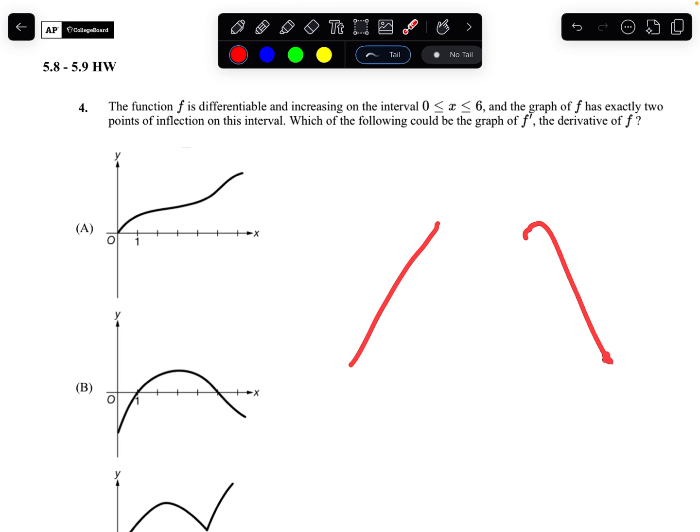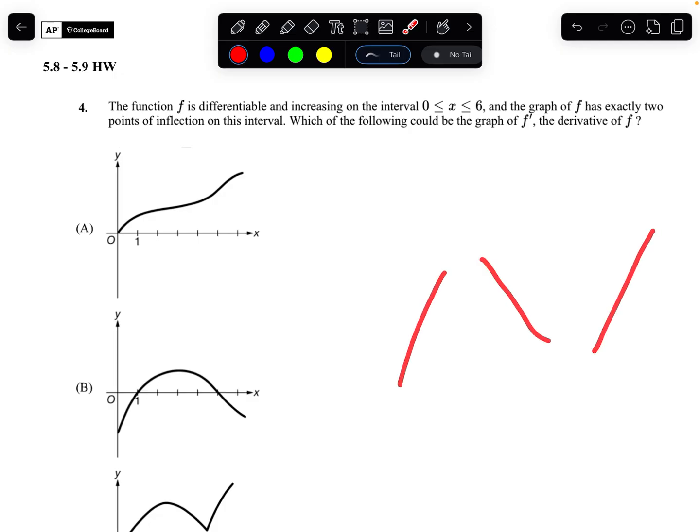And so for the graph of f prime, since there's 2 points of inflection on f, it has to have increasing, decreasing, increasing. So the graph of f prime has to change from increasing to decreasing or decreasing to increasing twice. It has to happen twice.